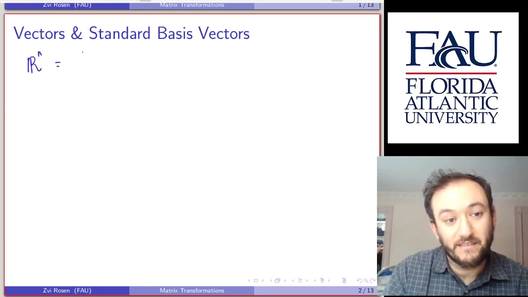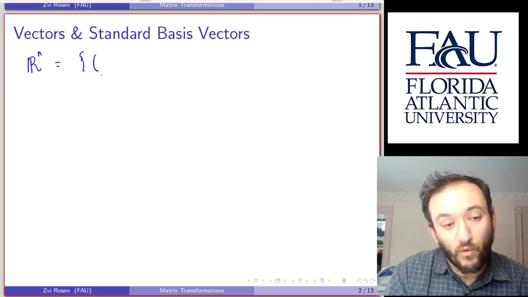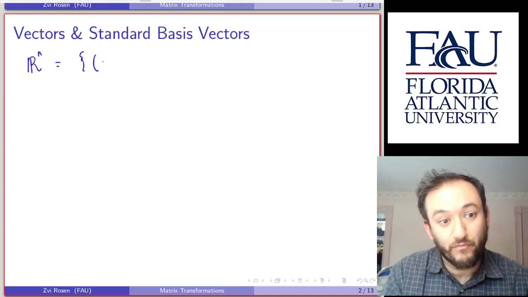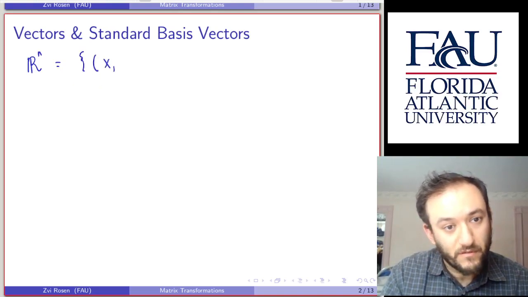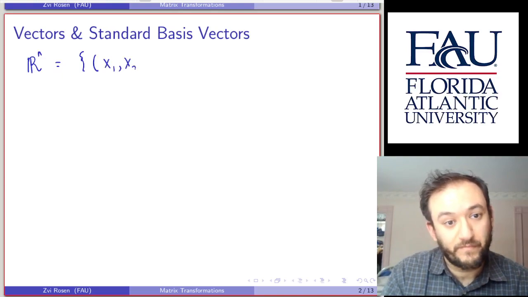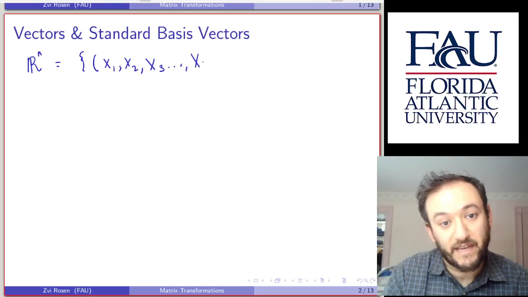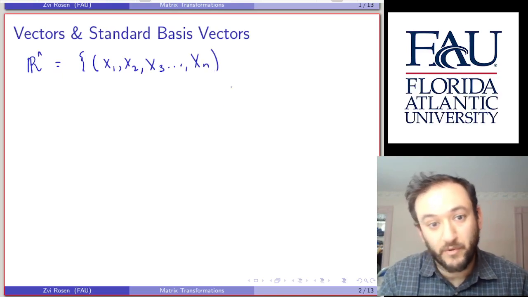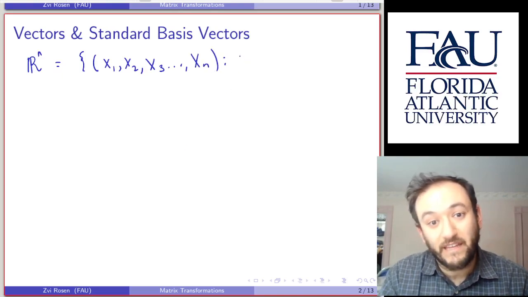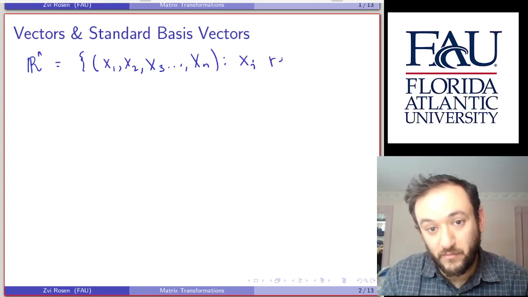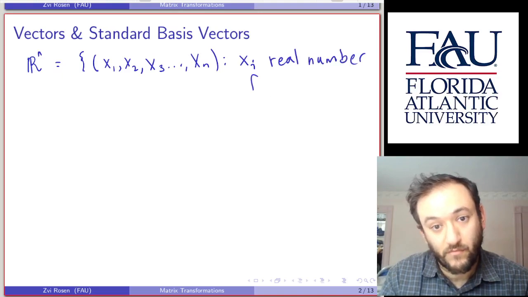Okay, this describes ordered sets of real numbers, x1 up to xn, so it's a list of n numbers in that order, and each of the xi's is a real number for all i.